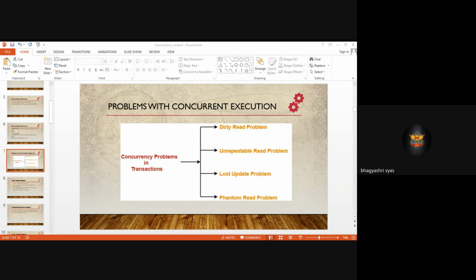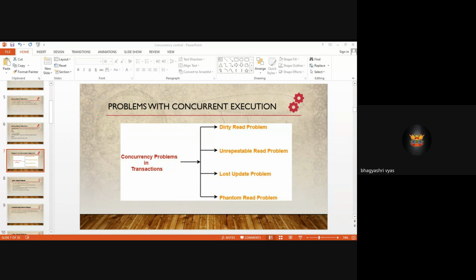If we have this kind of dirty read scenario, it leads our database to an inconsistent state. It becomes very problematic when the uncommitted transaction fails, or rolls back. So we need to deal with this kind of problem.